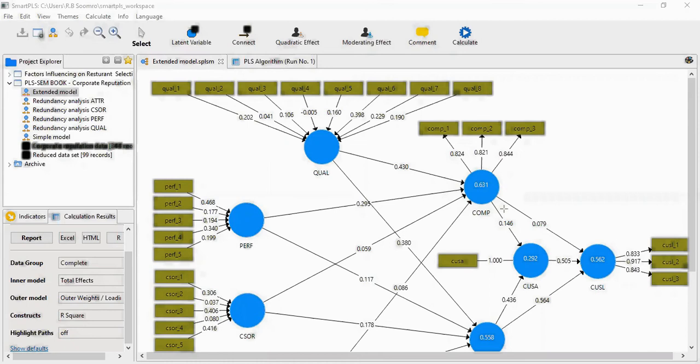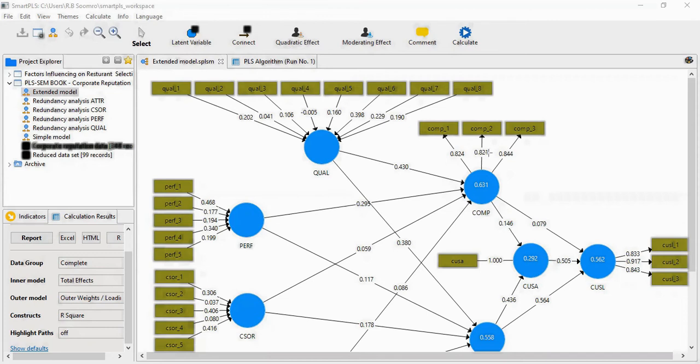That means, alternatively, we can say 63% is explained. Unexplained means that when you deduct 0.63 from one, the rest of the amount is your unexplained.